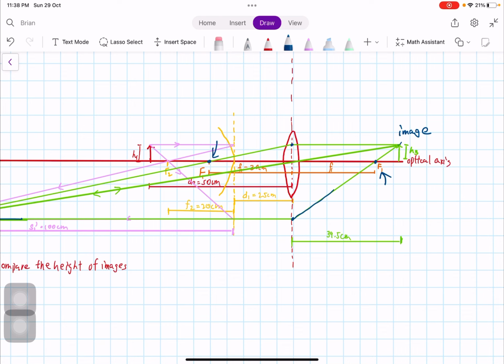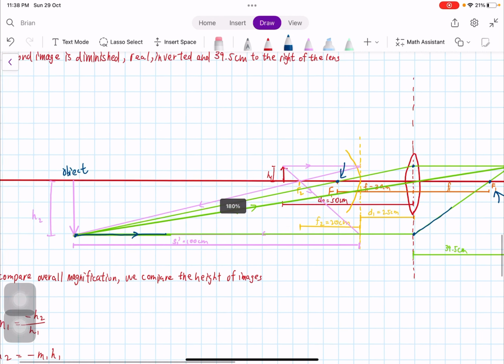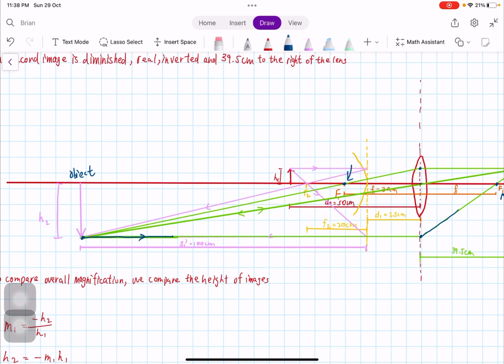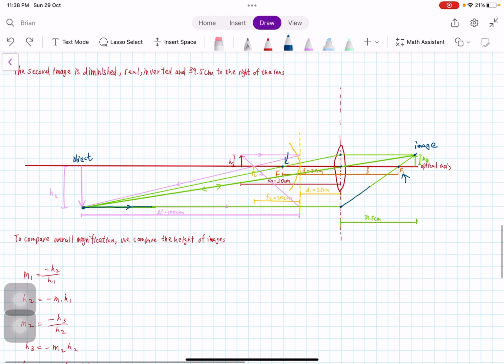So the image is here because we have both the focal ray and the parallel ray. And then the central ray would be from here, which is the center of the lens, to this point again. So this would be the central ray. Okay, with this diagram, I finished drawing the ray diagram.